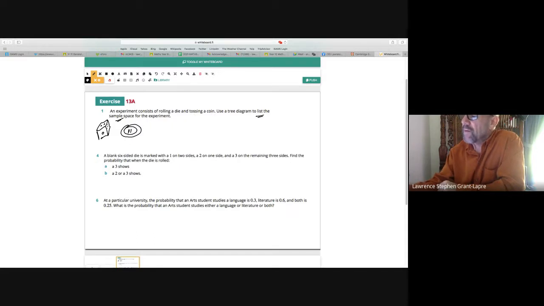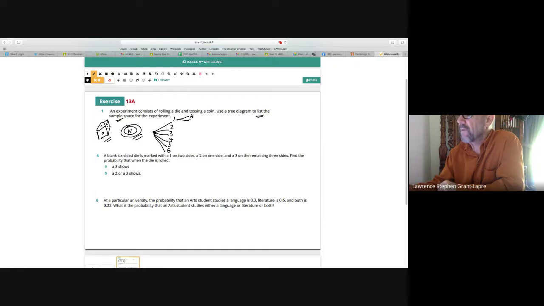Well, a tree diagram starts with the first roll. And what are the possibilities for the first roll? We're going to roll the dice first. So it could be a 1, a 2, a 3, a 4, a 5, or a 6. The second event is flipping a coin. It could be a head or a tail.